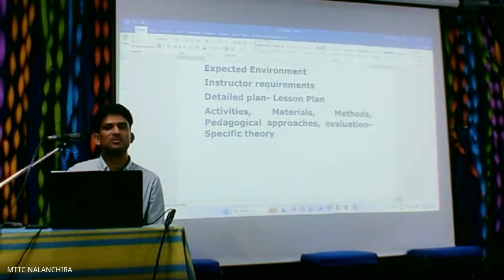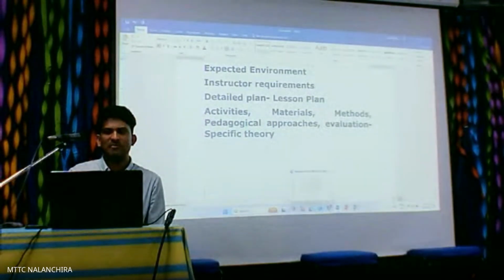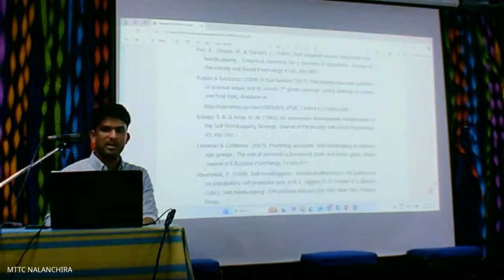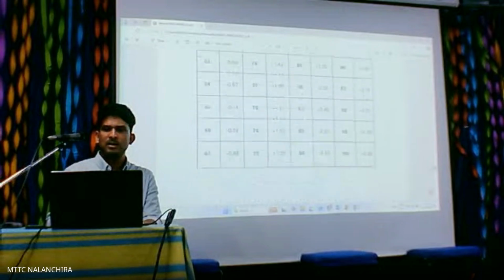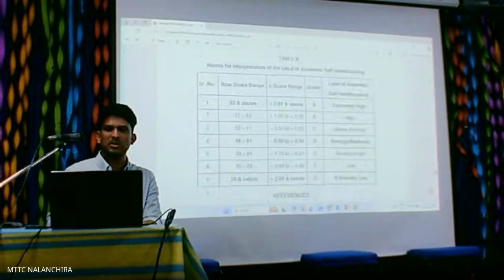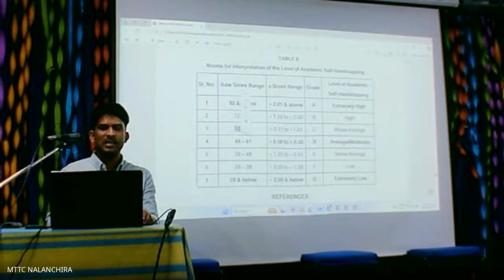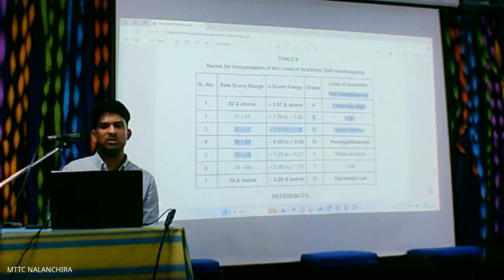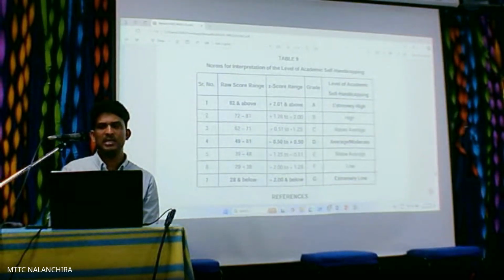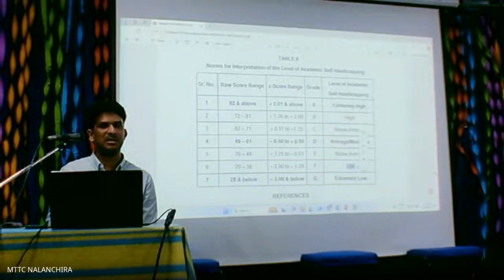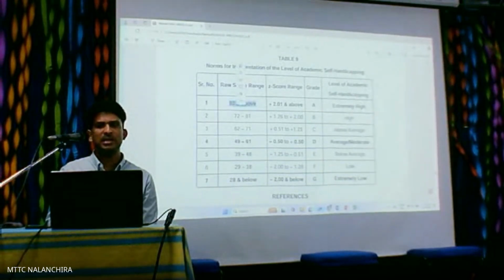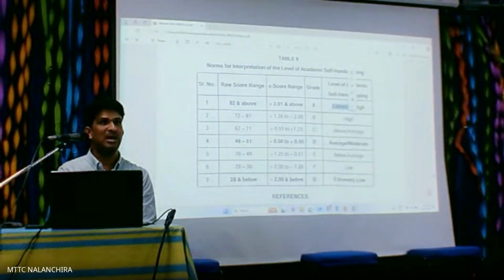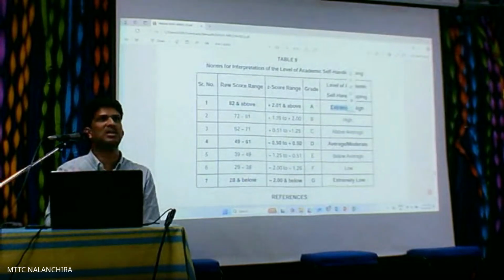That way we have some idea. Suppose I take this manual, sharing here. If the person got 63, that means his level is above average. If a person got 29, he is low in academic self-handicapping. If he is 90, that means he is extremely high in self-handicapping. This is the level, as per the manual.